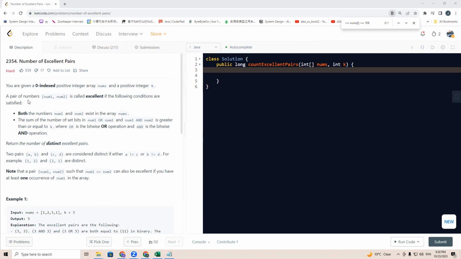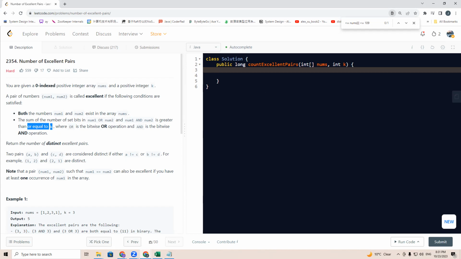A pair of numbers num1, num2 is called excellent if the following conditions are satisfied: both num1 and num2 exist in array nums, and the sum of the number of set bits in num1 OR num2, and num1 AND num2, is greater than or equal to k.